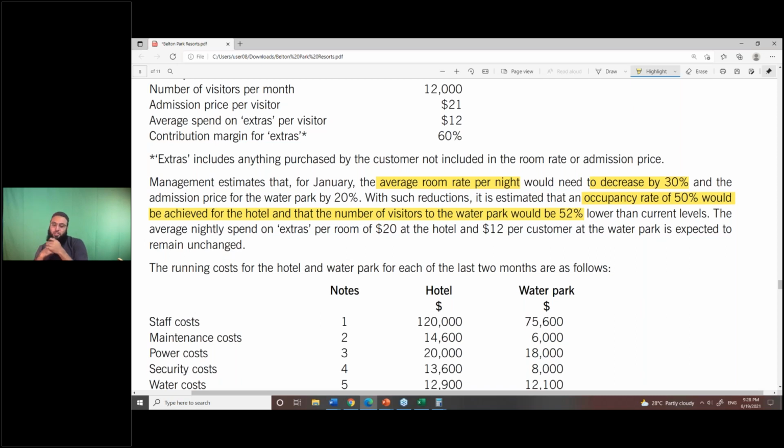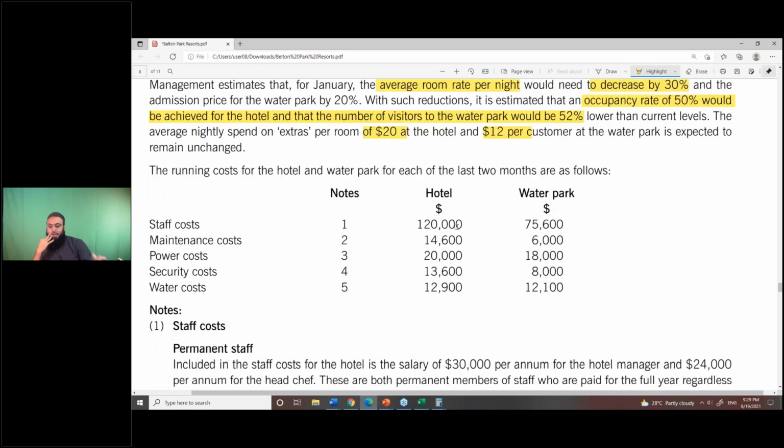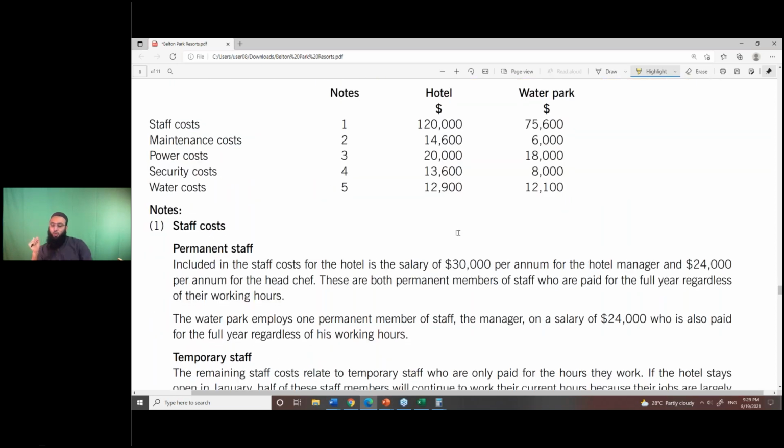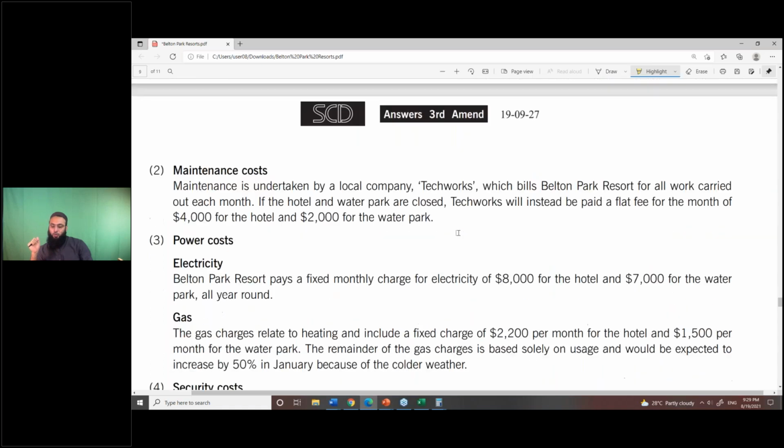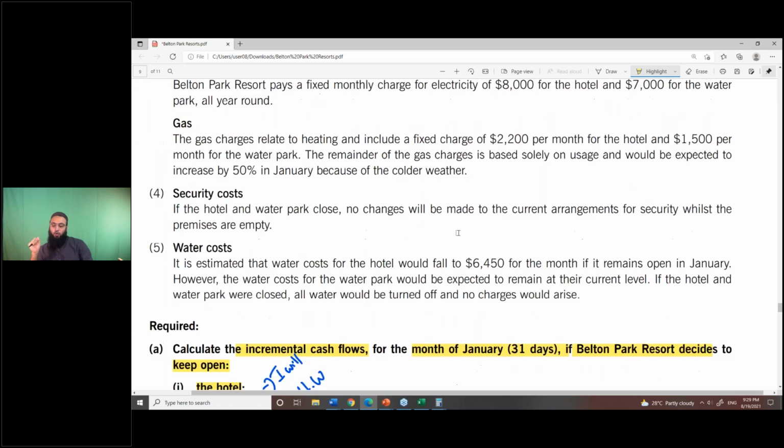The average nightly spend on extras per room, 20 for hotel and 12 for the water park, remains unchanged. The running costs for the hotel and water park for each of the last 2 months are as follows. So you can see the cost of staff, maintenance, power costs, security, water costs, and you are given notes as well, which you have to read and complete your calculations.